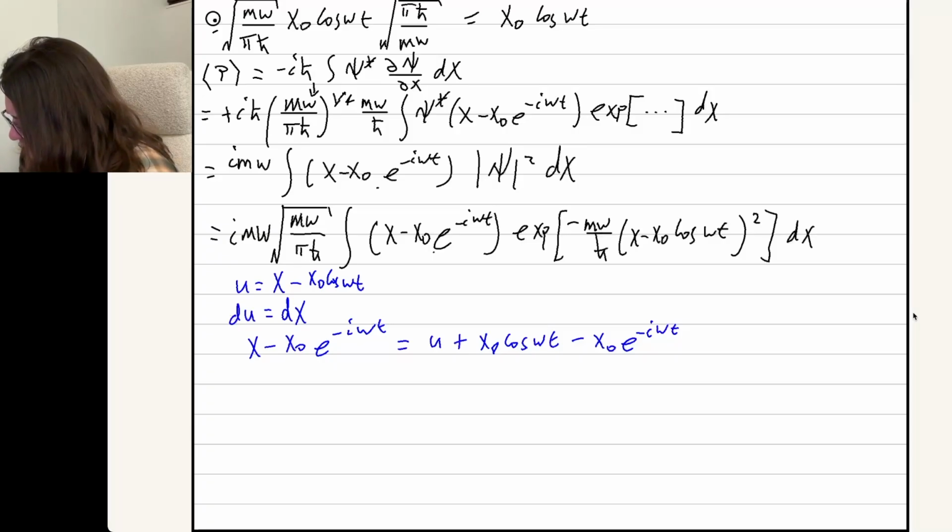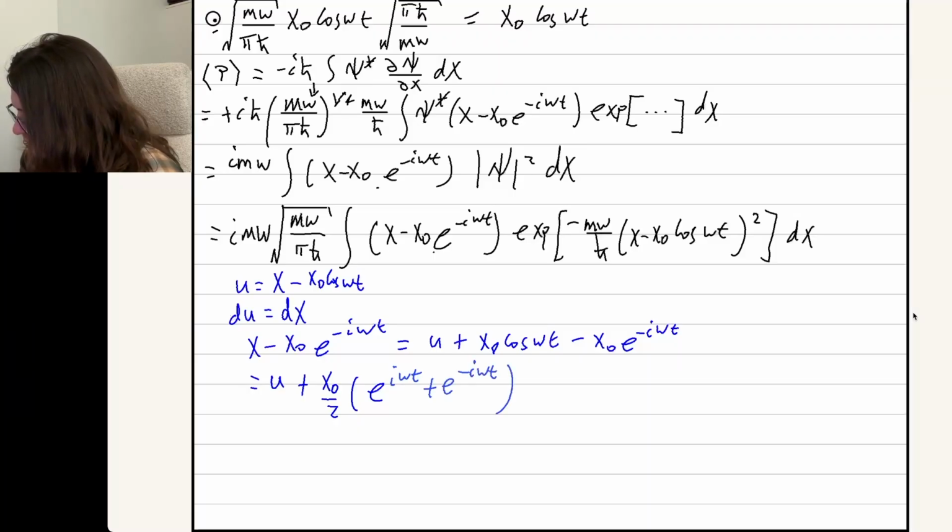And so we can expand the definition of cosine, actually. That'll help turn this around. So this is going to be x naught over 2 times e to the i omega t plus e to the minus i omega t, minus x naught e to the minus i omega t.